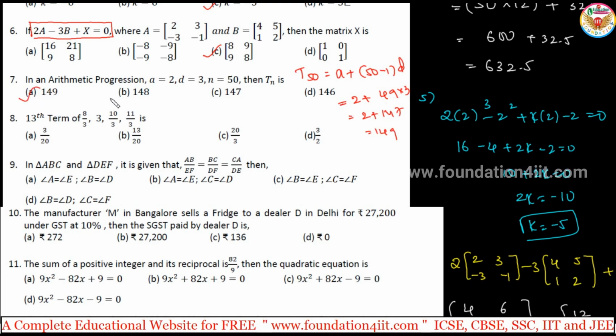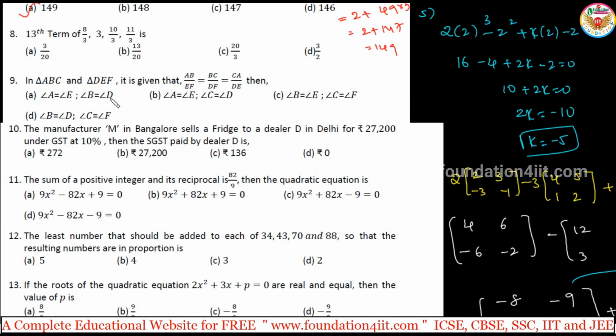Right. And the same, 8th one. 13th term of AP, 13th term of 8 by 3, 3, 10 by 3, 11 by 3, and so on. As per the given data, A is the first number, 8 by 3, and difference is second term minus first term. So 3 minus 8 by 3 is 1 by 3.